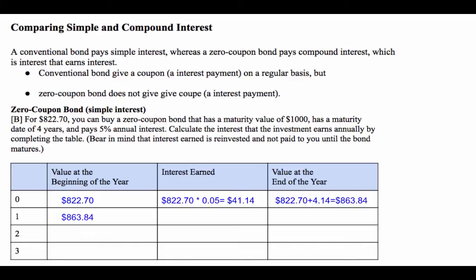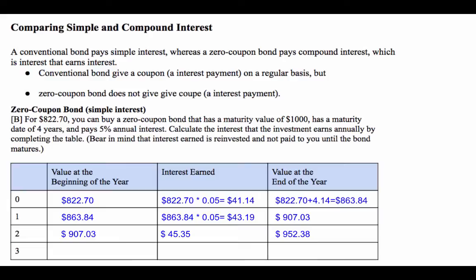And then the next year, you begin with what you ended with, $863.84. You get 5% of that amount, not the original, but the ballooned amount, right? And you add that, and you will end up with $907.03. And then you calculate 5% on that amount, which is $45.35.